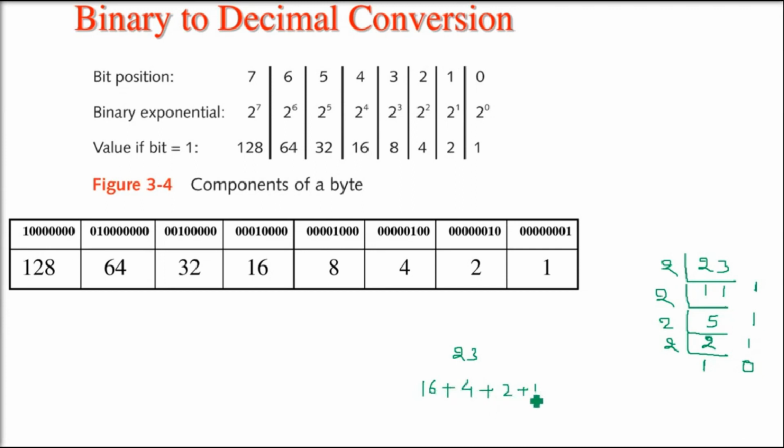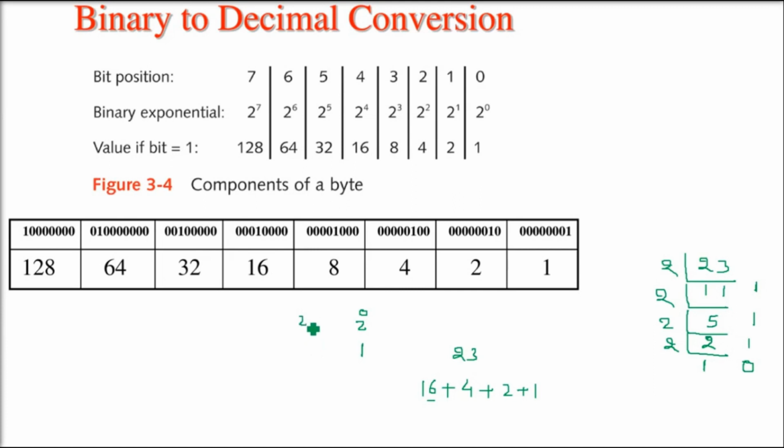Okay. And these are the positions where you have to put 1. These are the numbers coming from 2 to the power. Why 2? Because it is binary. Binary means 2s, 1 and 0. So for 2, every position has 2 to the power something. The first position is 1. The result has come from 2 to the power 0.